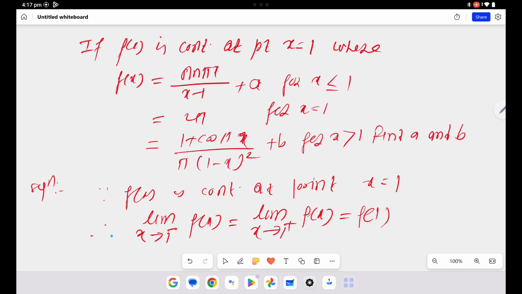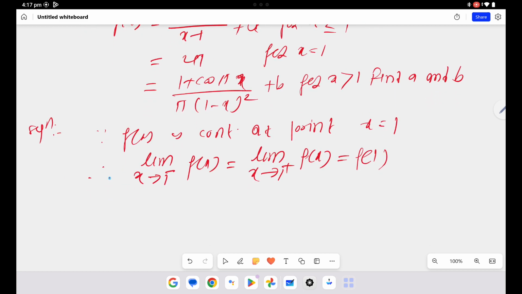The limit as x tends to 1 from the left of f of x is called the left hand limit, and the limit as x tends to 1 from the right is called the right hand limit, equal to f of 1. Therefore here, the limit as x tends to 1 from the left of f of x.